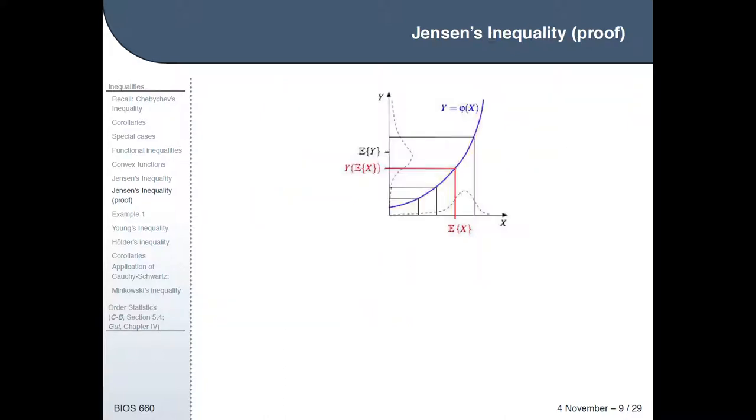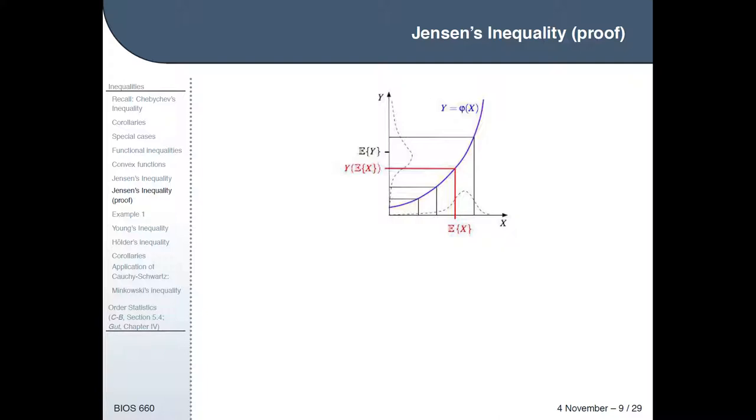This little picture, I'll admit, I cribbed from Wikipedia. It gives the geometric interpretation behind Jensen's inequality. The basic idea is that if you have a convex function, like the smiley face function, as you take the original x, which is on the x-axis here, and feed it into g, the whole thing gets shifted to the right.